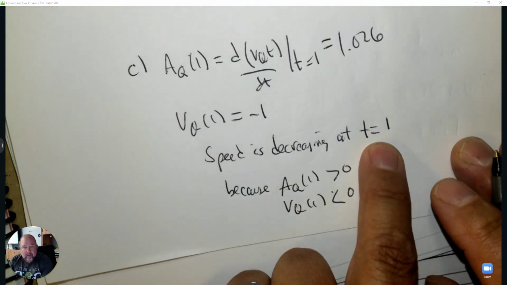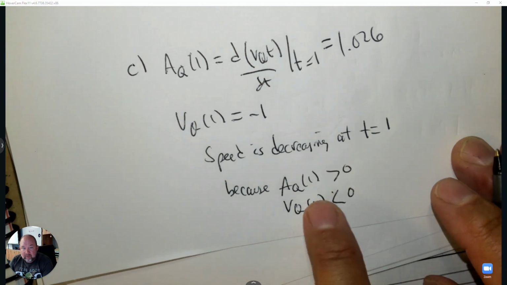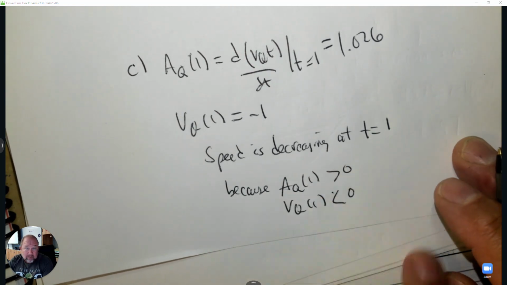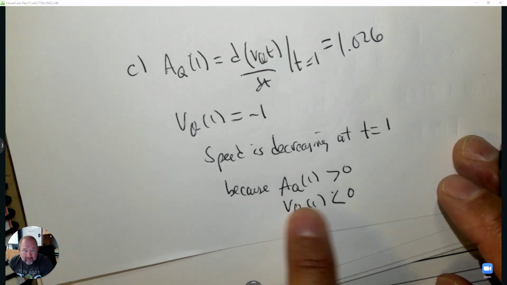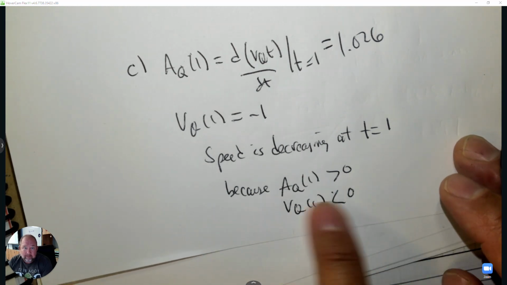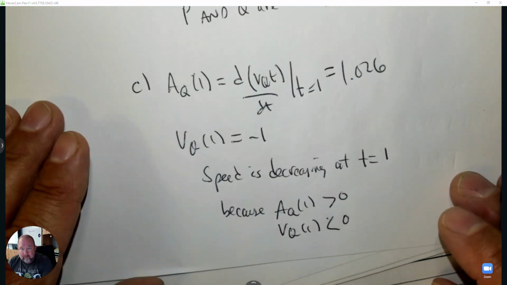And the reason it's decreasing is because the acceleration is positive and the velocity is negative. You could even write those words down. The acceleration is positive at t equals 1 and the velocity is negative at t equals 1. So if you don't like the symbols, write out the words so that you can say what it is.